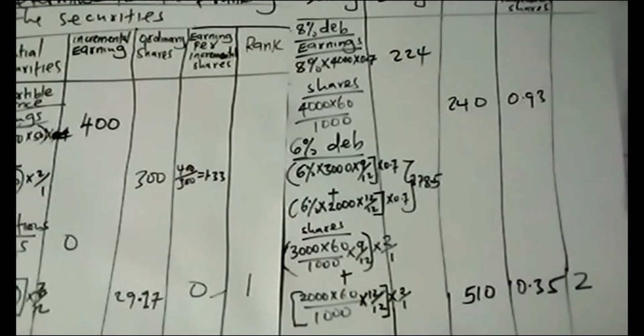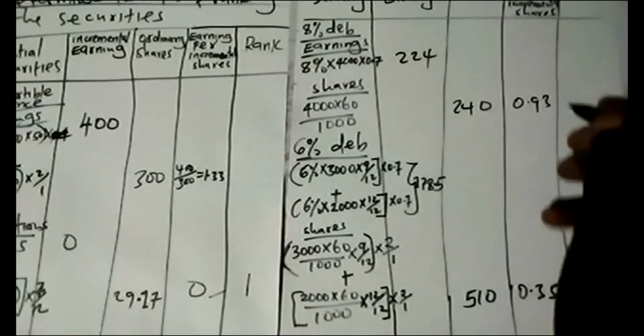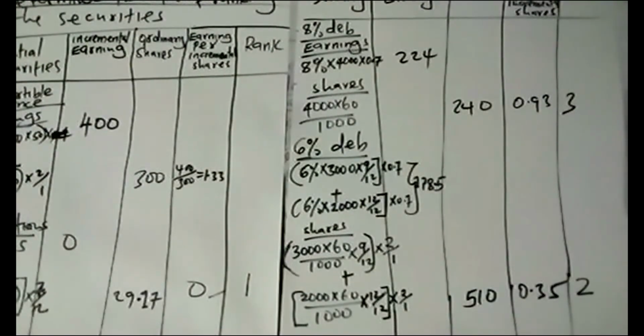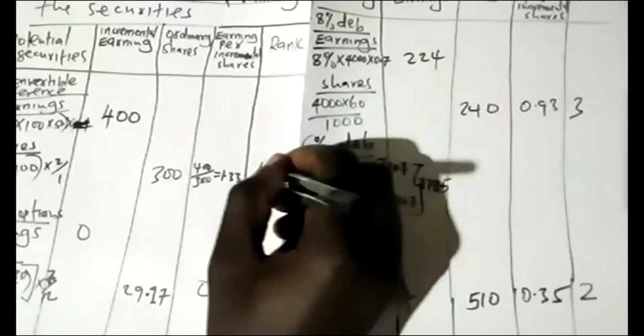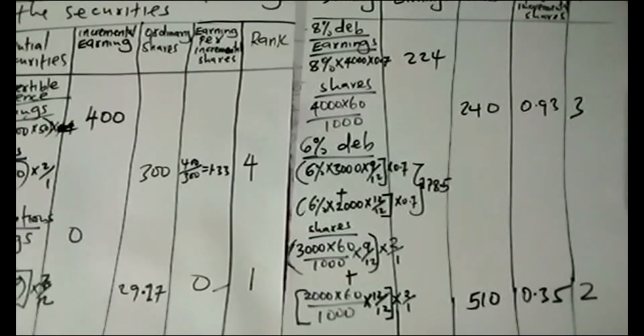Then number 3, this one, 0.93. Then the last one is this. Yes. Then after you have ranked, now you carry out your diluted.